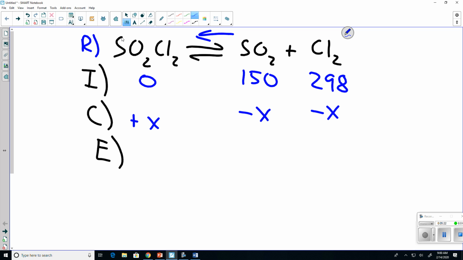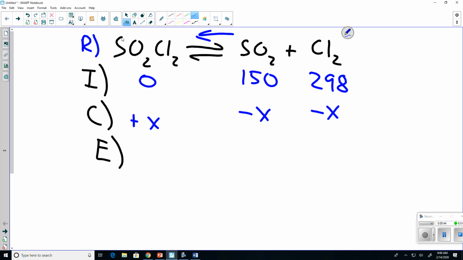Now, some students are concerned about what I just did for the change because they see two X's on the product side but only one X on the reactant side, and they're wondering, how does that add up? These two things combined make one of these, though. Two arms for every one body is a way to look at it.